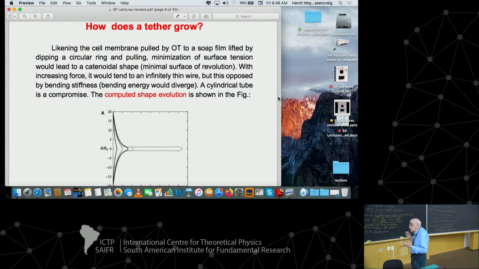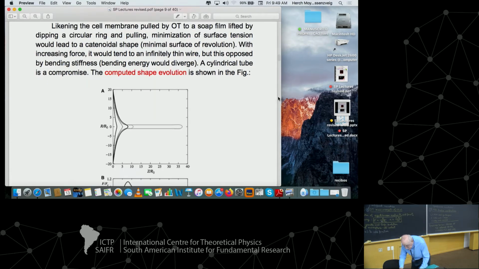Now, you can compute the shape evolution, and you find something like what is shown in this figure. If you follow this here, this is the ratio of the R over the final equilibrium value, and this is how much length Z you have pulled.